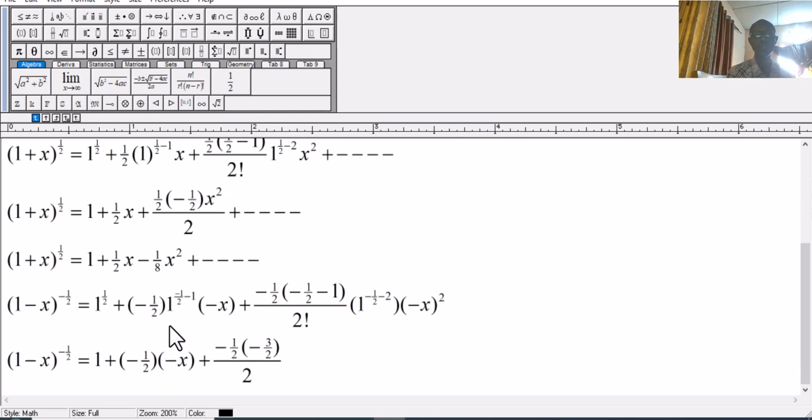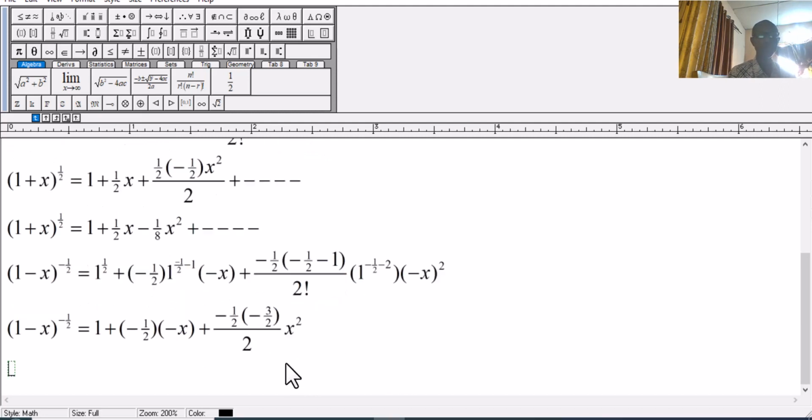So what you have there, everything here goes to 1. 1 raised to power anything will always give you 1. So then we have our x squared. So expanding that, that will give us 1 plus, plus dash dash dash, plus dash dash dash dash.